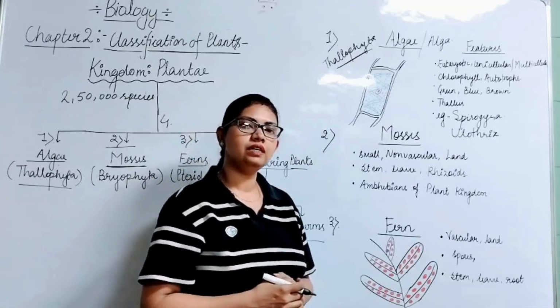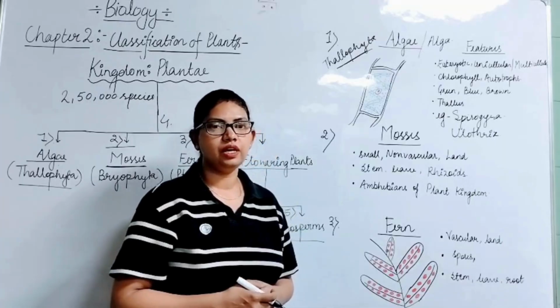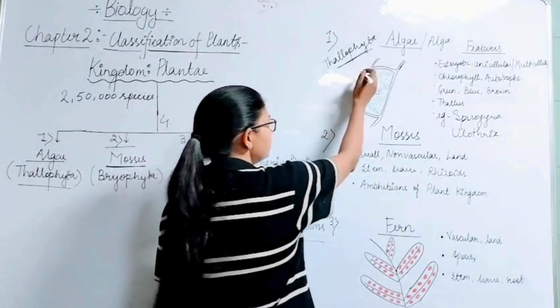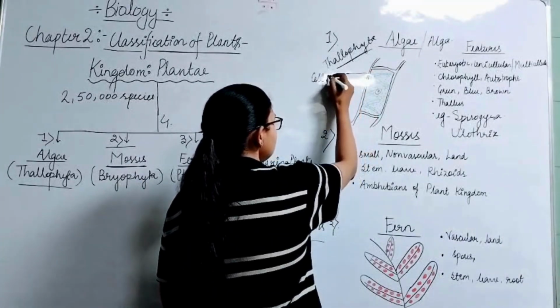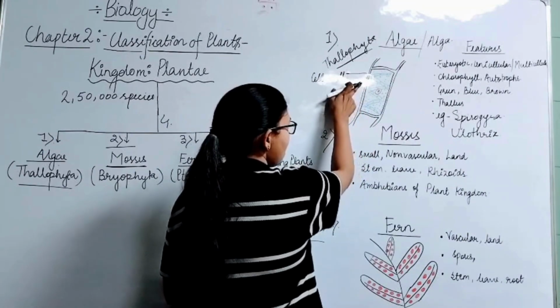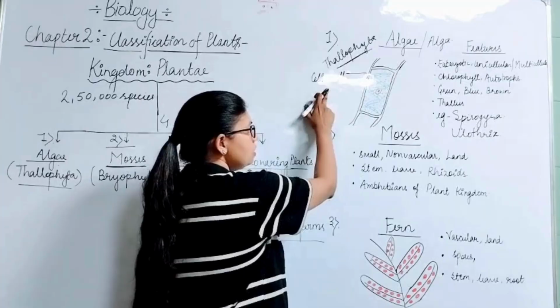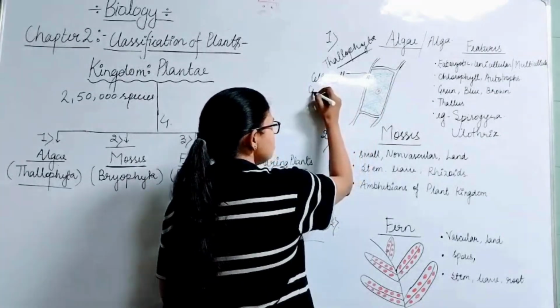Spirogyra are basically filamentous in shape, and it consists of a cell wall. This outer layer is known as the cell wall, and this is the cytoplasm.